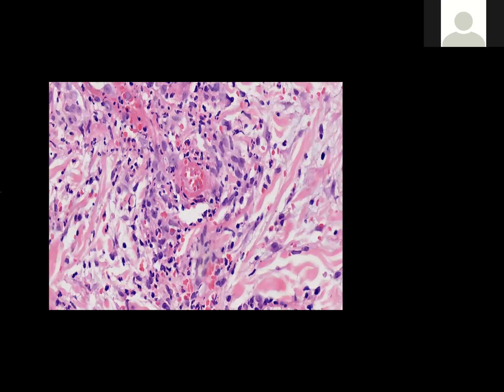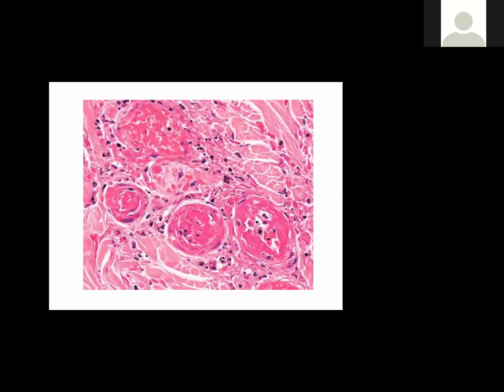In vasculitic ulcers, fibrin thrombi within the vessels can also be seen, especially in cases of septic vasculitis.